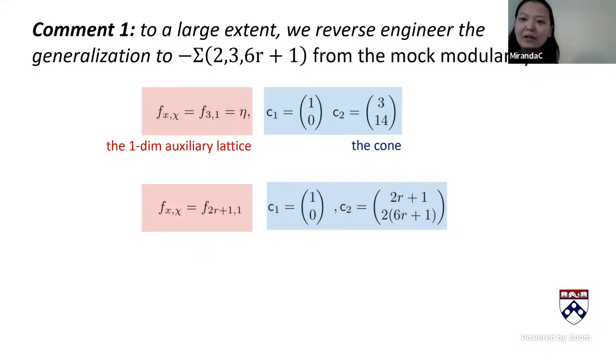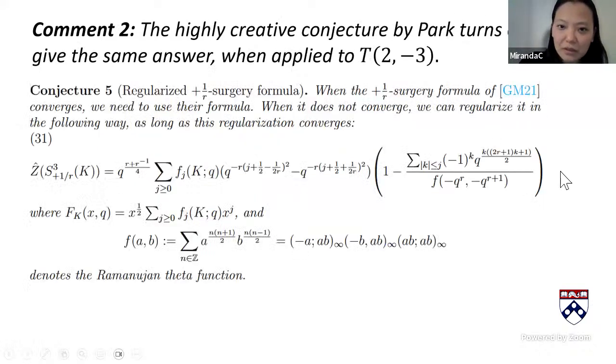We are not claiming that we have physical or any other intuition to get this cone at the moment. The second comment is that Gukov and Manolescu had this very highly creative conjecture. It's really fantastic, from his paper.